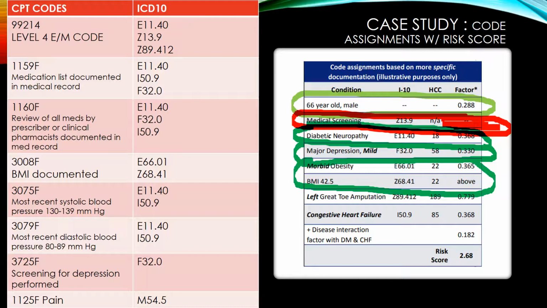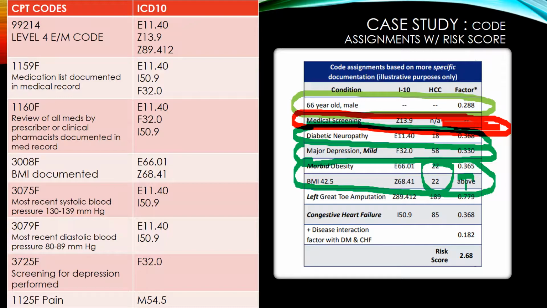Anytime you have morbid obesity, you have to make sure you document the BMI. That is a paired diagnosis. The BMI for this patient was 42.5, so we're going to code Z68.41, which is the same category, 22. And as you see right here, it tells you to go above to the 0.365.